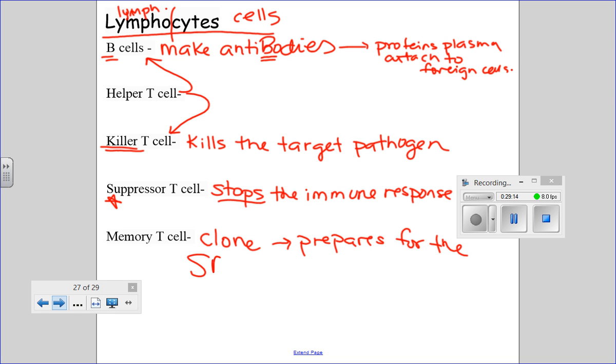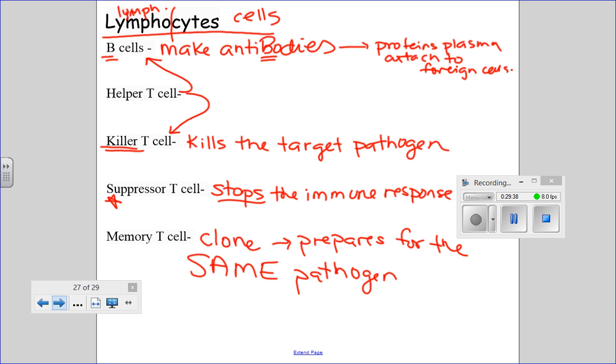And the key word here is the same. So in my examples of pathogens, one of them was the one that causes chickenpox. Once you have had chickenpox, you don't get chickenpox again. That's because your body has these memory T cells. You get it once, but then your body remembers.